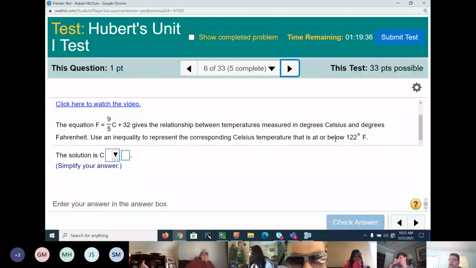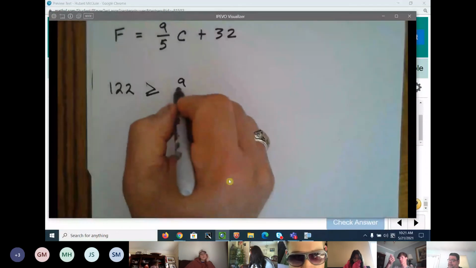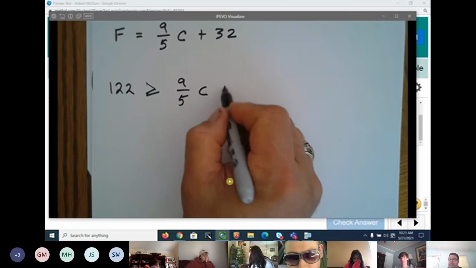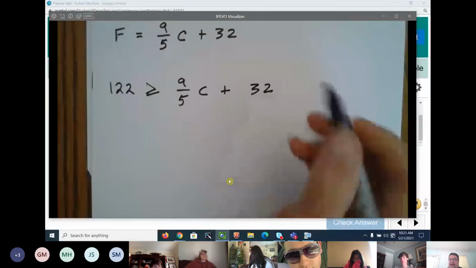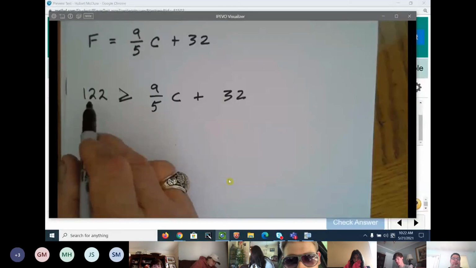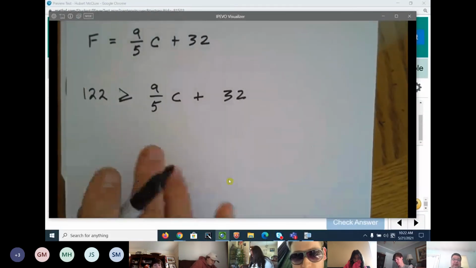So that would mean 9/5 C plus 32 is less than or equal to 122, because they want to know the numbers that are below 122. That's what I read.